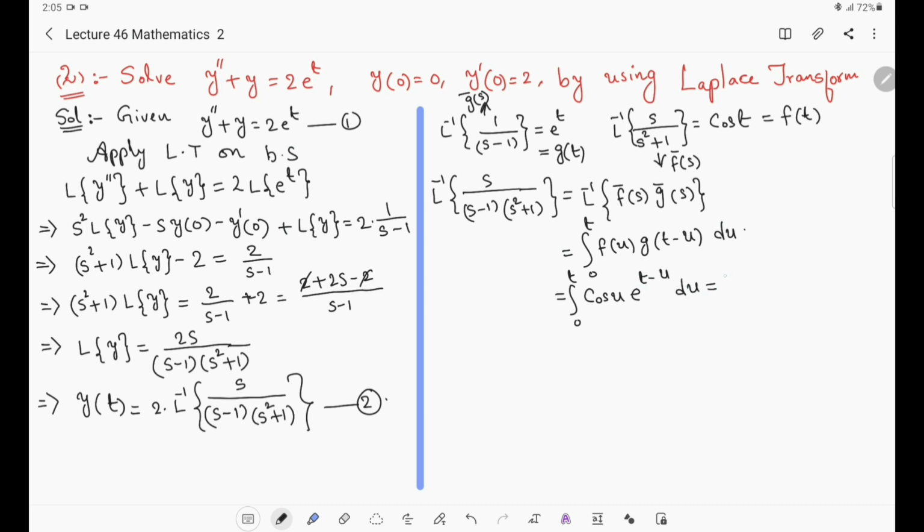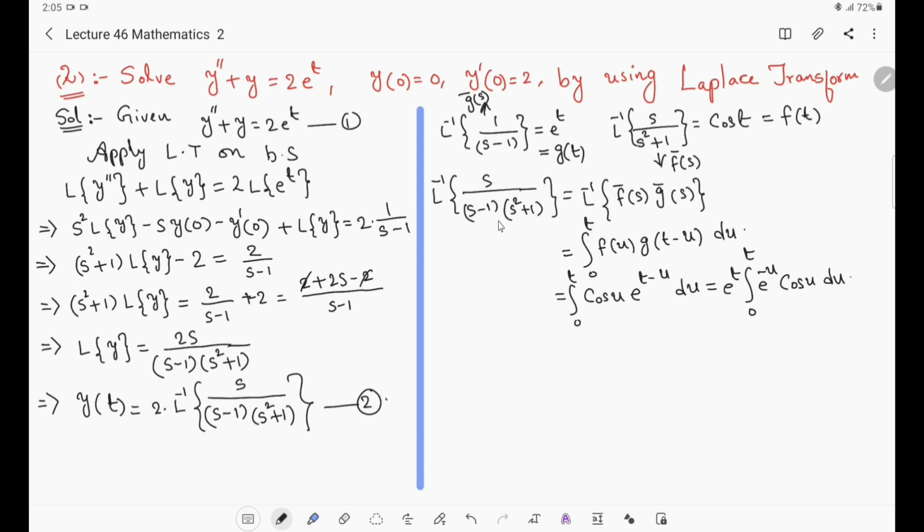This is equal to integral 0 to t, here this e power t can be taken out. See, e power t minus u can be written as e power t into e power minus u. So e power t can be taken out, e power t into, what will remain here, integral 0 to t e power minus u and cos u into du. This will remain here, right?